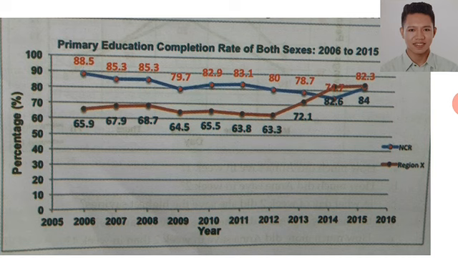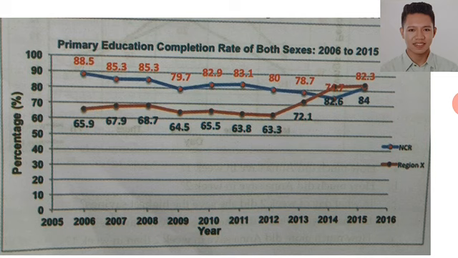Next, mark off equal spaces on the horizontal axis, and scale and label it to indicate the year. Make sure that there are equal spaces as you plot the years. The same with the percentage, there must be equal spaces so that when you plot the numbers, it will be clear.